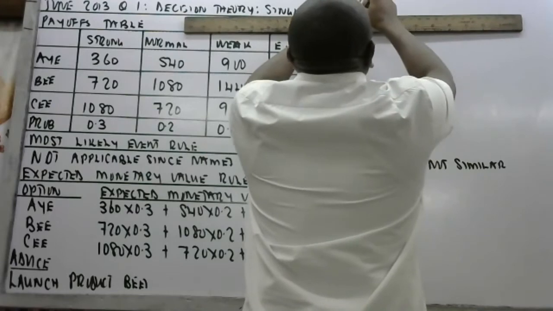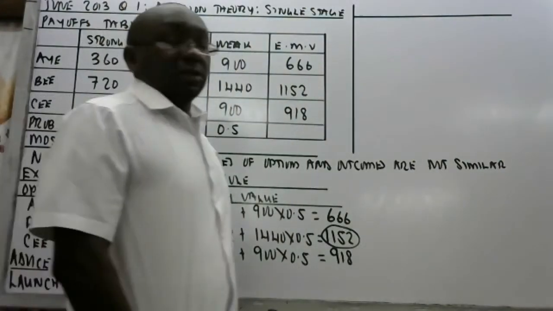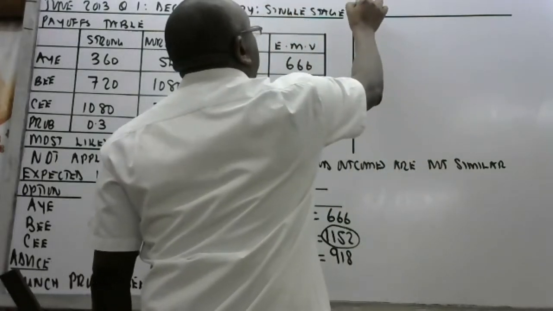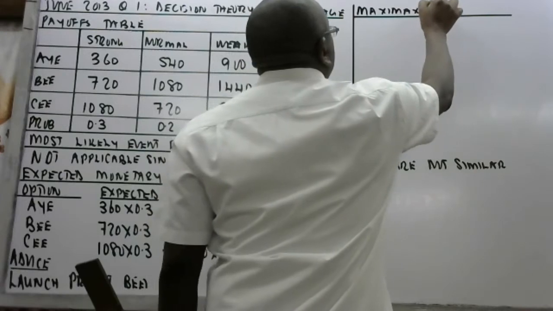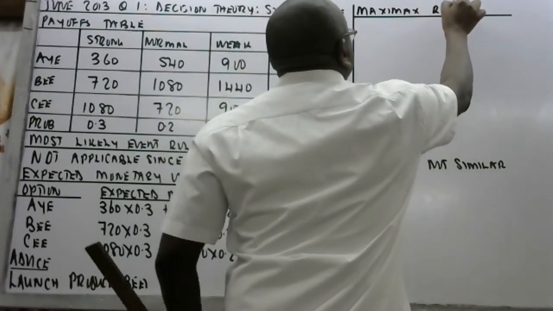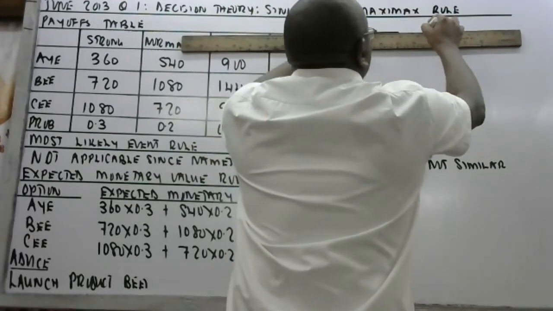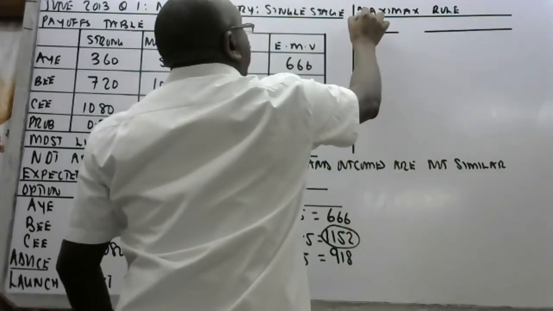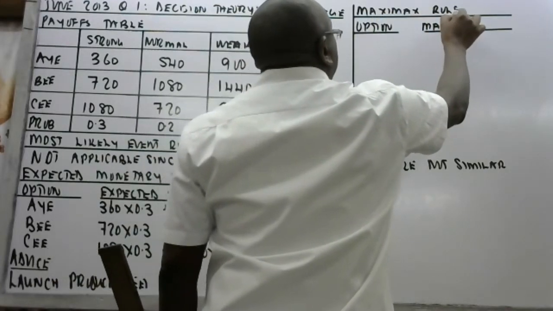The next rule that I want to remind you is called the max rule. Now, in this max rule, we have the option here, and then we take the maximum payoff.